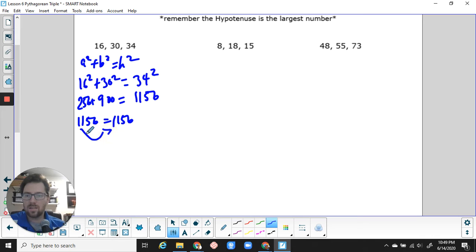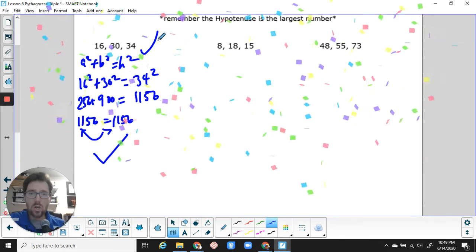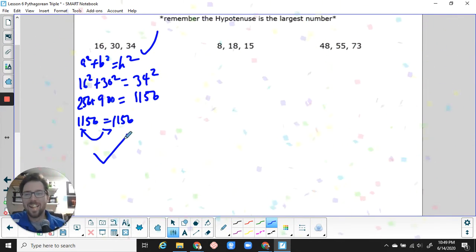This and this are the same. Yep, this is a Pythagorean triple. Woohoo! So if they equal the same, it's a Pythagorean triple. So it's all good to go.